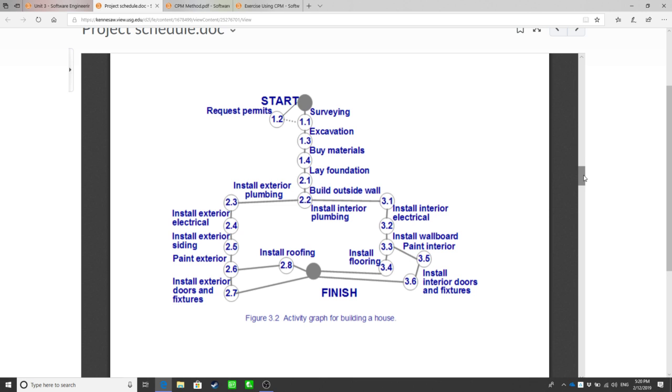Okay, so there will be the length of this whole project, the duration of this whole project. For example, if we go from 1.1, 1.3, 1.4, 2.1, 2.2, we go all the way to 3.1, 3.2, 3.3, 3.4 to finish. Another way is we go from here to the left side to 2.3, 2.4, and 2.7, go to finish.